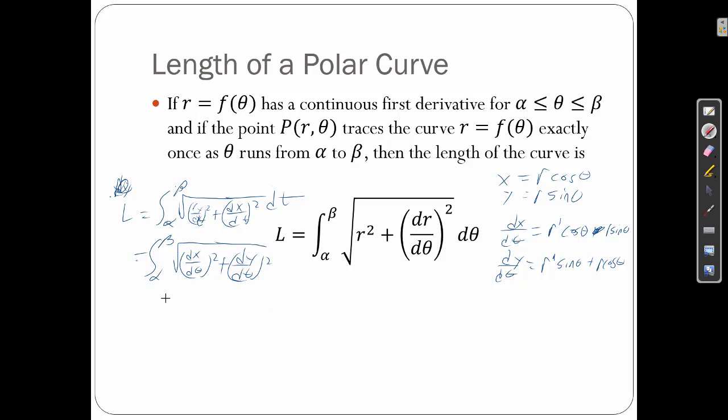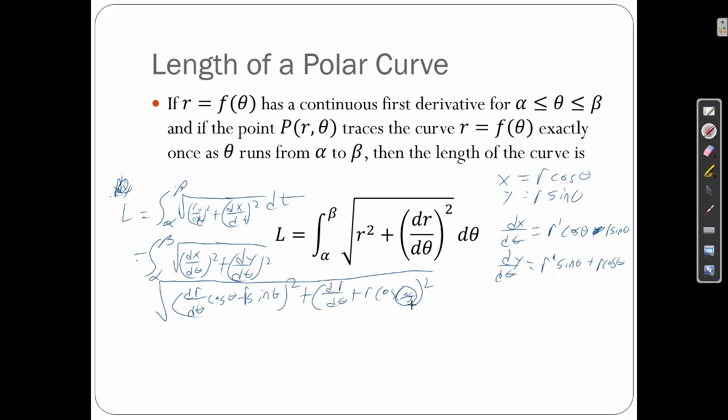So then, squared, of course, will become dr/dθ cosine θ minus r sine θ. I'll put it here, but I think I'm going to do it off on the side. So dr/dθ sine θ plus r cosine θ, squared, square rooted.